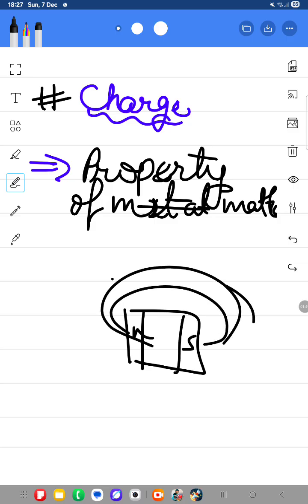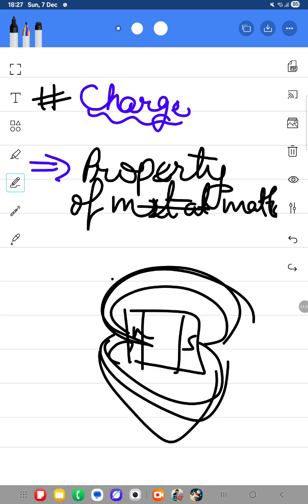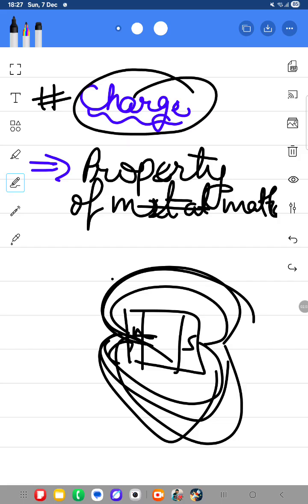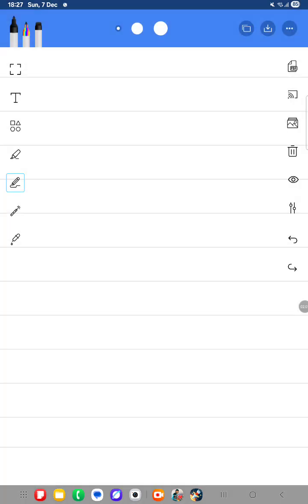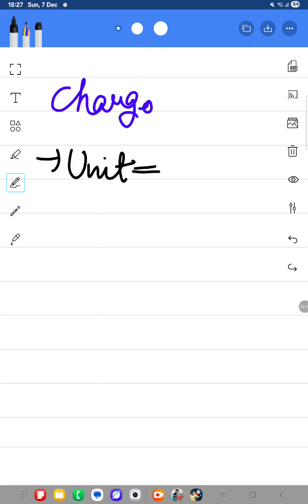The magnetic field produced by this magnet will exert a force, and that is charge.